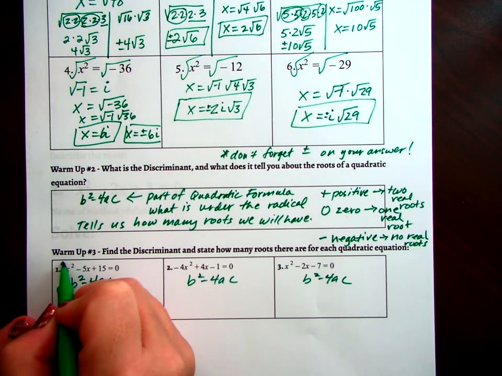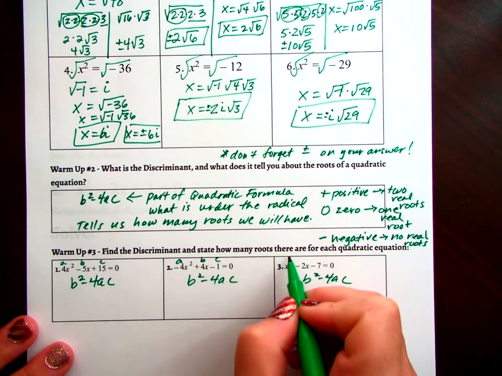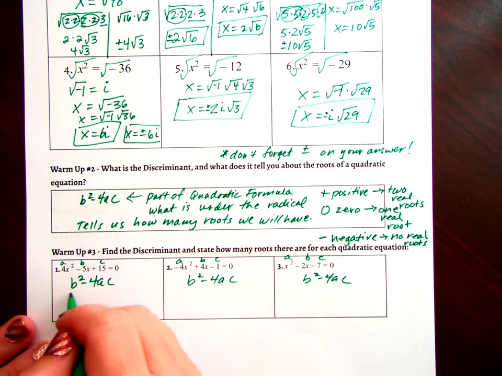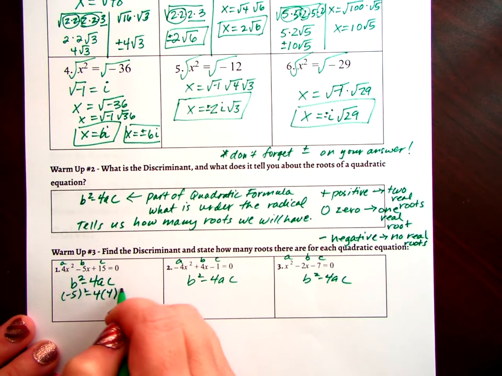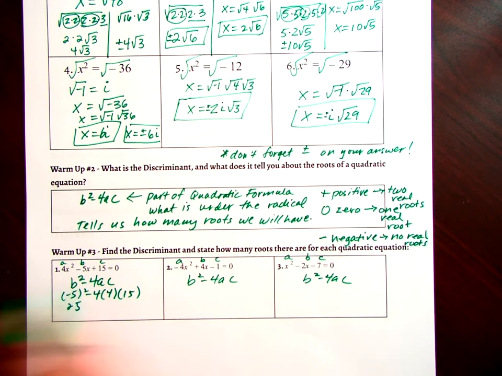So you need to get A, B, and C for each equation, and then plug into the equation. So b squared, don't forget the negatives, minus 4 times 15, that's 25. Now right here, this is going to be really big. Let me grab my calculator. 16 times 15.